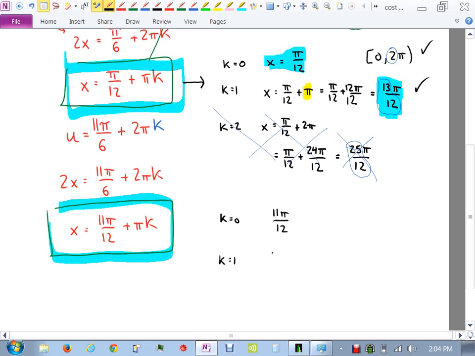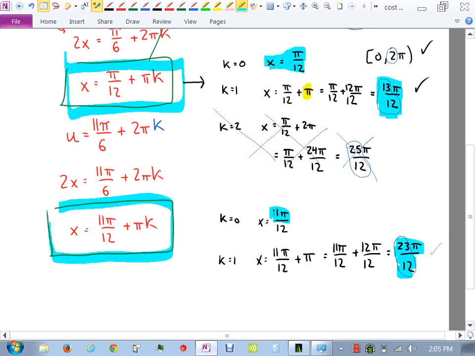So if I do that, x equals 11 pi over 12 plus, I'm turning k to 1 here, so plus pi, which is 11 pi over 12 plus 12 pi over 12, 23 pi over 12. That's smaller than 2 pi, right? Because that's smaller than 2. So this one works.